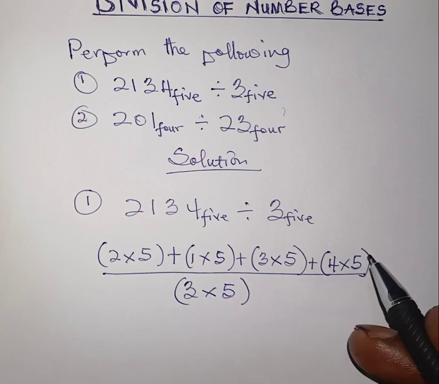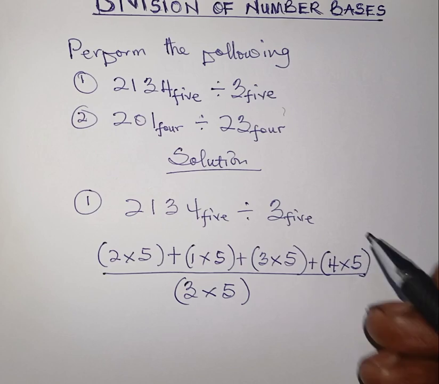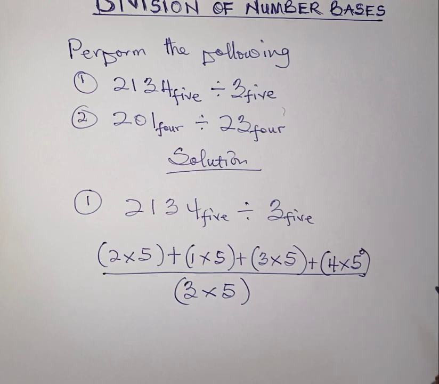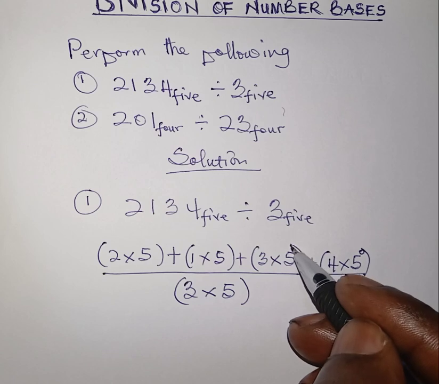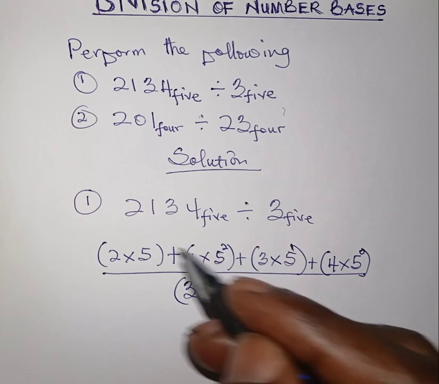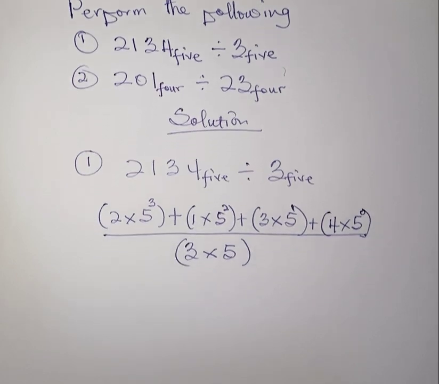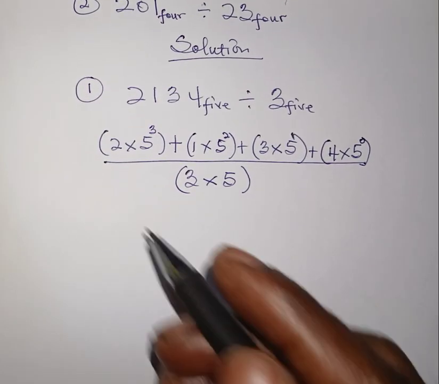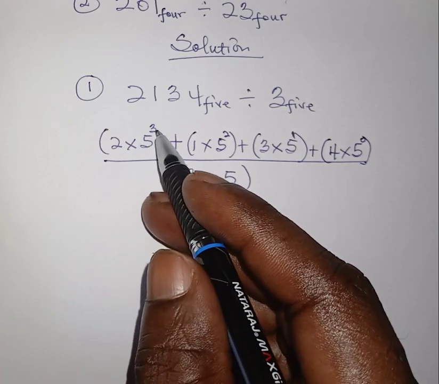Good. So we start from the ones, tens, hundreds, thousands. By starting from the ones, we start with 0, and as we go to the left, it increases by 1. So 1 here, 2 here, and 3 here. Have you gotten that? Great. Now let's do this. What is 5 exponent 3?